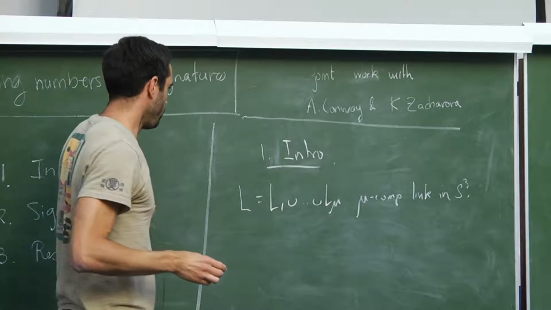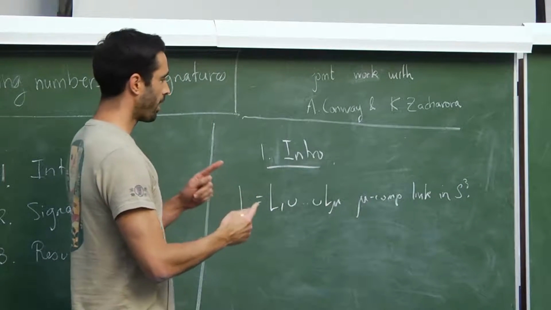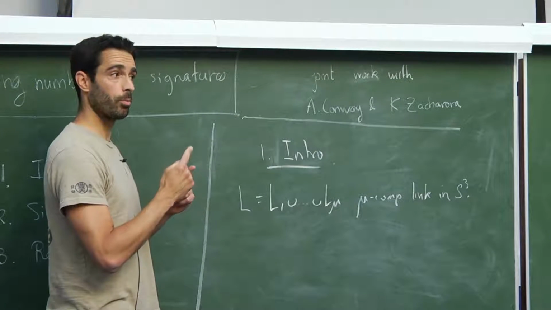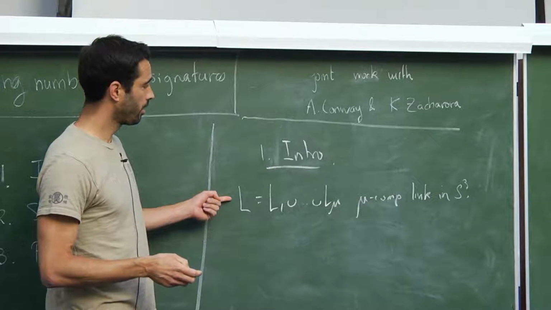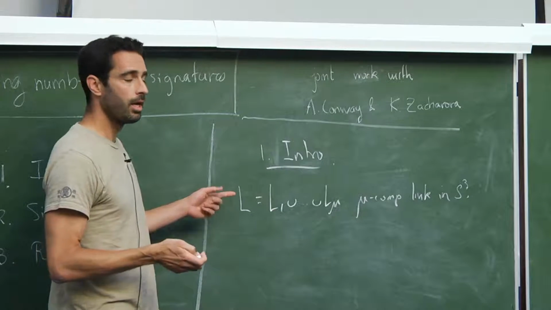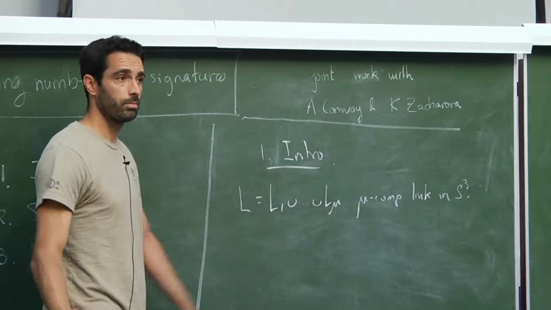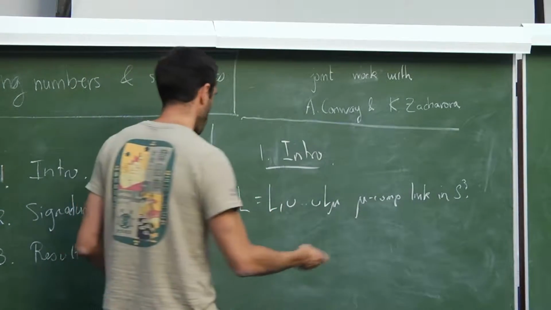And you see immediately that by using only crossing changes between different components, you can turn this link, any link, into the split union of its components, right? You just tear them apart, okay?